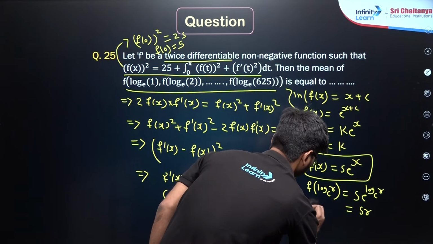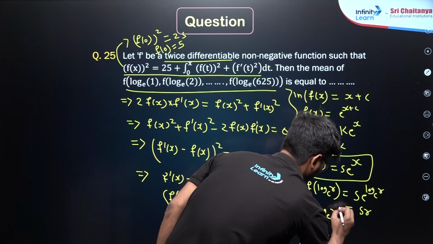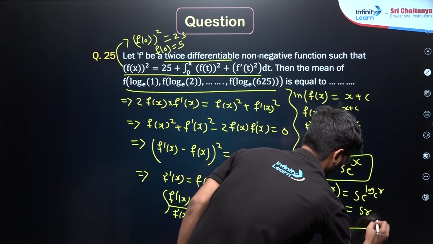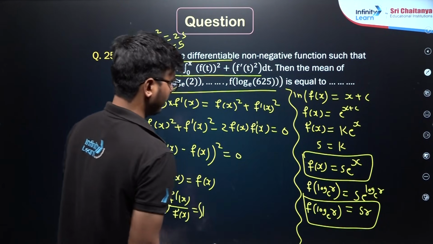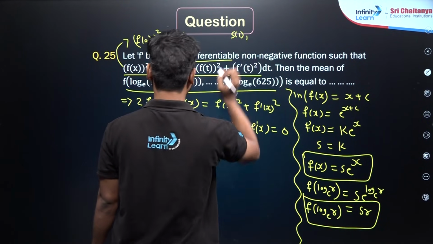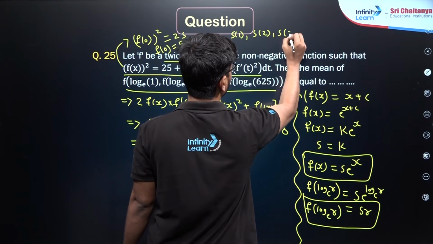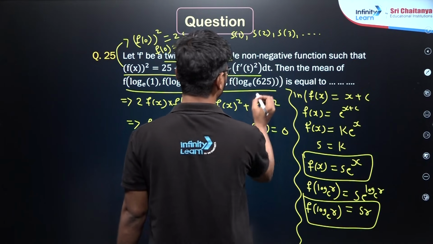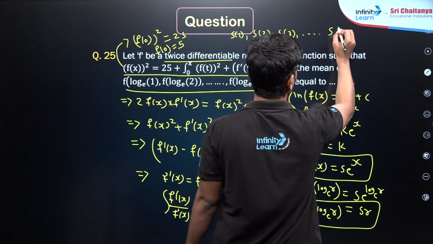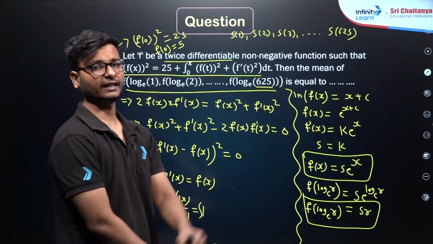Correct? This is the basic relation that we are getting. That means our numbers are nothing but 5 times 1, 5 times 2, 5 times 3 and so on up to 5 multiplied by 625, and all these numbers are in arithmetic progression.